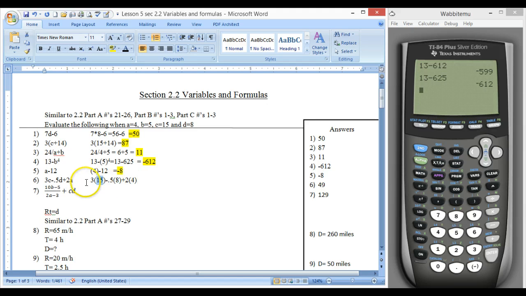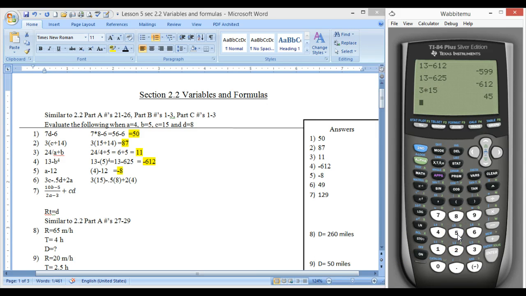Okay, so now I have multiplication, subtraction, or addition. Those are the three kinds of operations. Please excuse, I don't have any parentheses that I have to work with. Excuse, I don't have any exponents. So the next thing is multiply and divide from left to right. My dear. So I'm going to come up here and do 3 times 15.